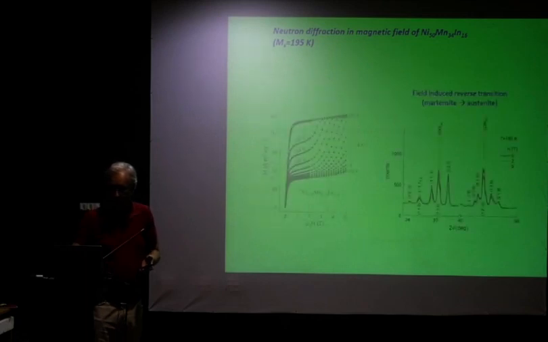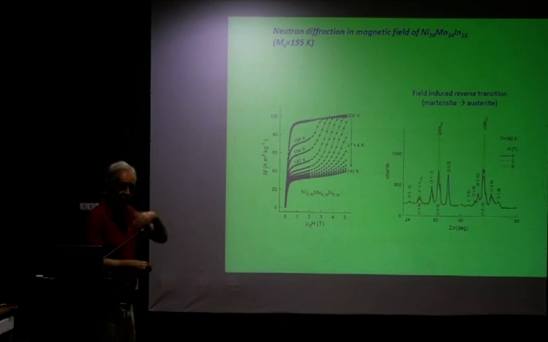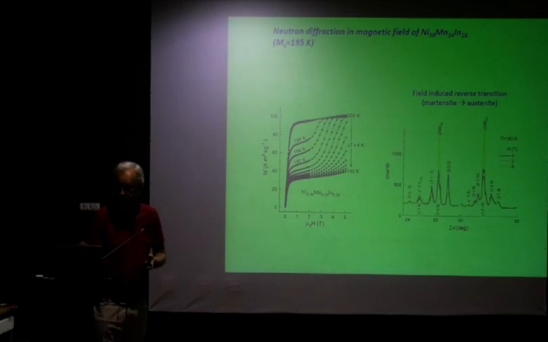And if you apply magnetic fields, I showed you this before, you go to a certain temperature, apply a magnetic field, you can go from the martensite state to the austenite state. This is not kinetic arrest, it's just a field-induced transformation because we haven't cooled anything in field, but we can induce a reverse transformation.